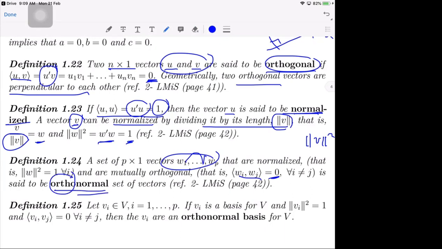If all of these are satisfied, it is a basis, linearly independent, and it spans V. The inner product with itself is 1, and the inner product with i not equal to j is 0, then the v_i's will form an orthonormal basis for V.